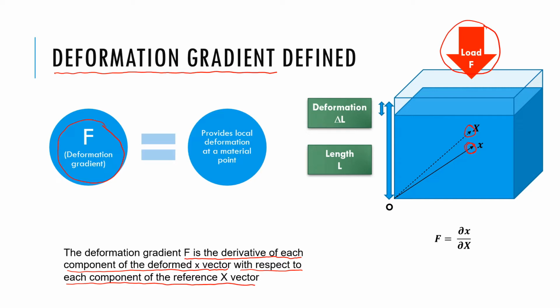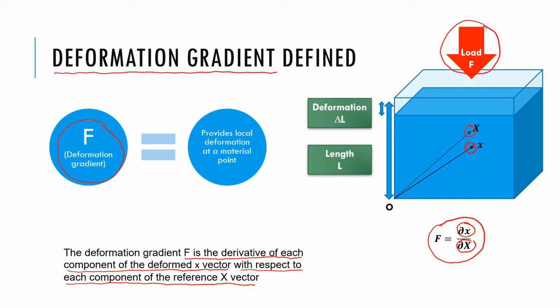So then for 1D, deformation gradient would be given by this, that the component of x vector in relation to the original reference x vector.